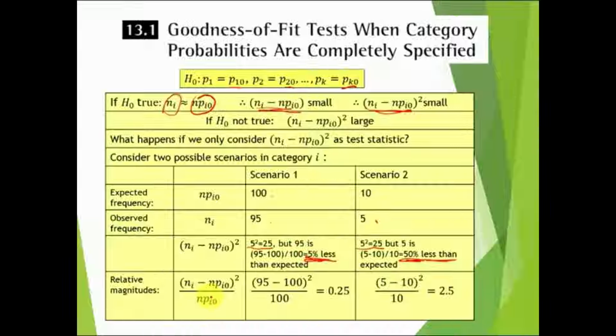And therefore, in our test statistic, we divide by the expected frequency as well. So it's an expression of relative deviation from the expected frequency. So in the first case, you can see that it's 0.25. And in the second case, it's 2.5.